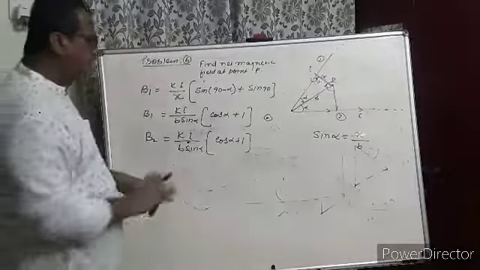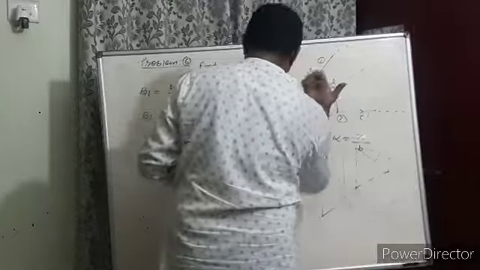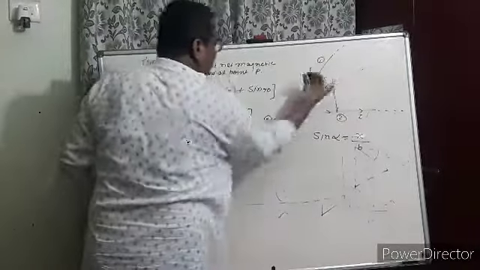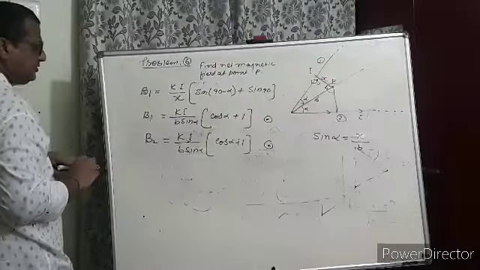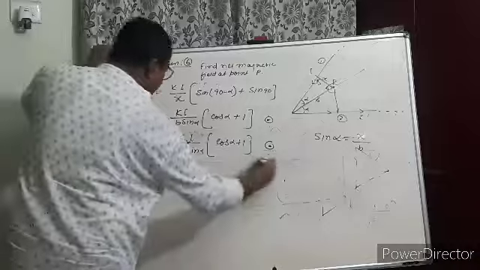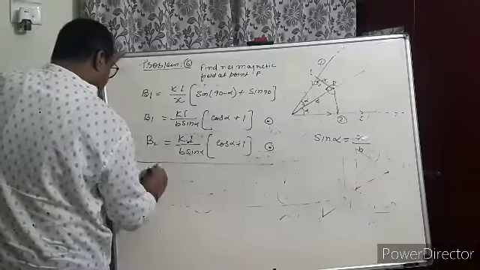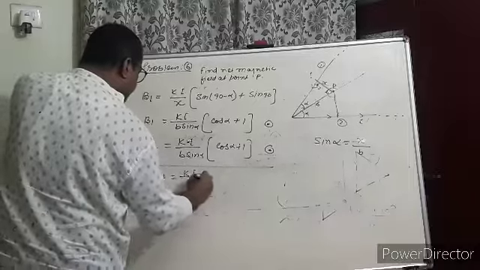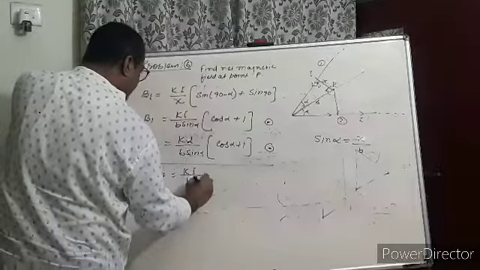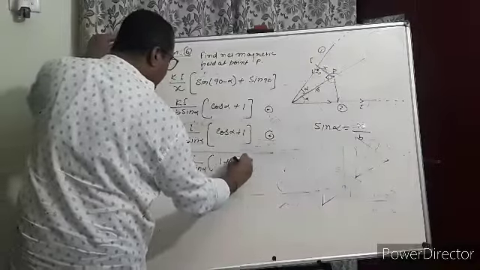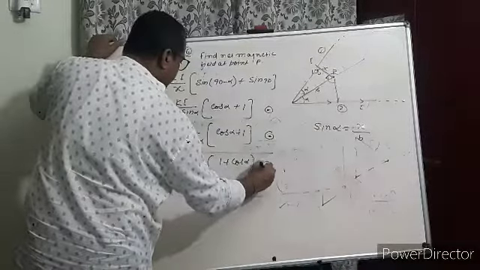Its direction will again be outward, so both will be added. Net magnetic field B net is equal to K I by b sin alpha into 2, 1 plus cos alpha, and its direction will be outward.